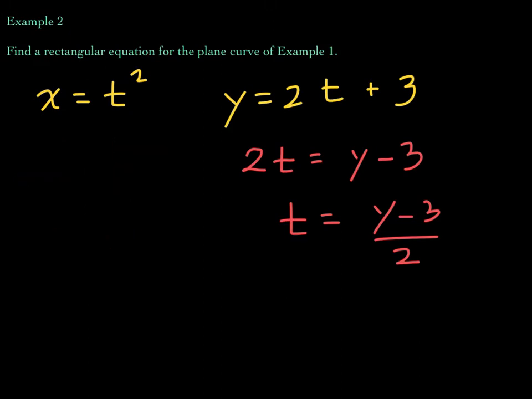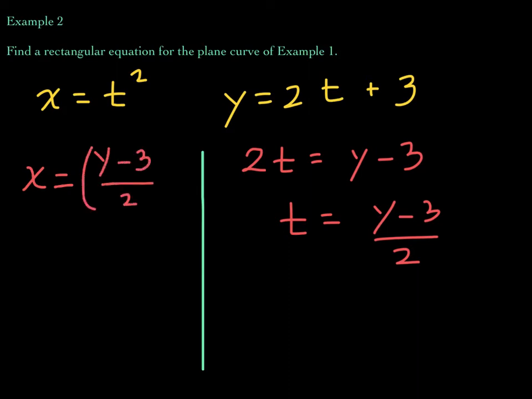All right, you could probably sense what's coming. We're going to take this t value and plug it into the other parametric equation. So I will come over here where it says x is equal to t squared, but now I know that t is (y minus 3) over 2, quantity squared.